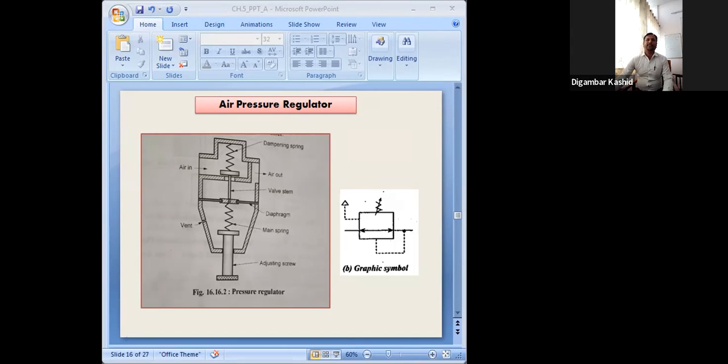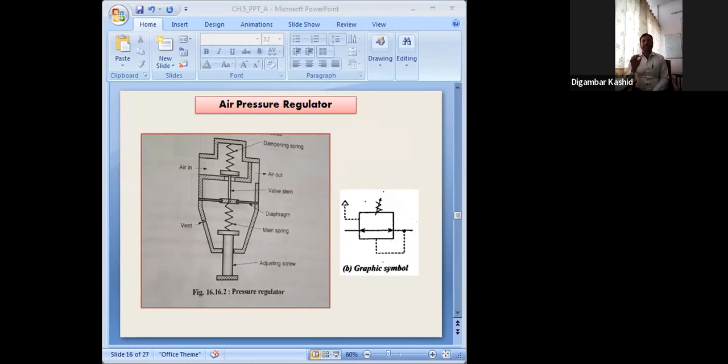So you can see this in the normal position, and when the diaphragm takes the downward direction, this will close. Getting it? So this is an air pressure regulator.